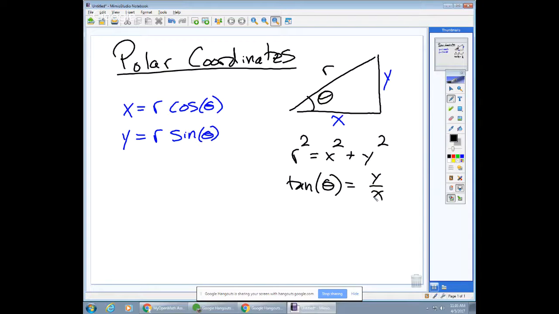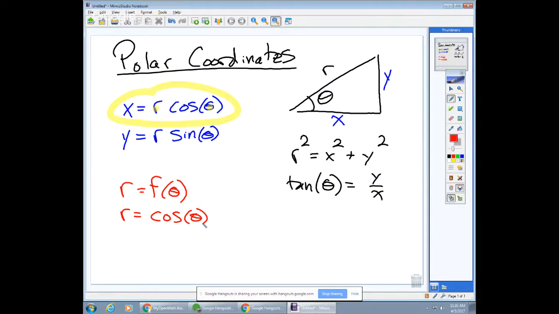Another thing to notice: here, I've written x as a function of r and theta. When we're working in polar coordinates, we generally consider r to be written as a function of theta. For example, in class the other day, we let r equal, I believe, the cosine of theta, and we took a look at what the graph of that was. We ended up with a circle.